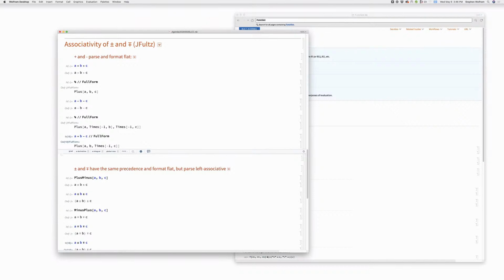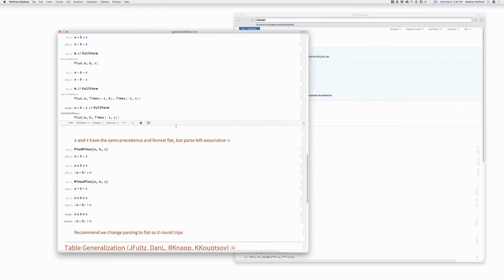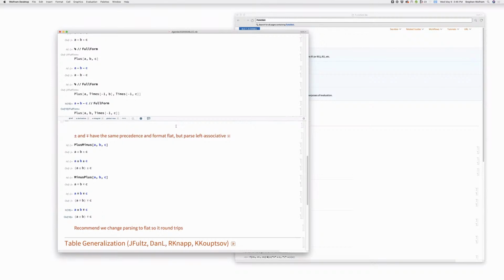Itai, I didn't realize this was your proposal. I thought that you were proposing making it flat with plus and minus. Well, that's a whole different thing. So that's mutually flattenable with plus, minus, plus minus, and minus plus. But look, I'm confused here. I think this minus might mean subtract. Minus never means subtract.